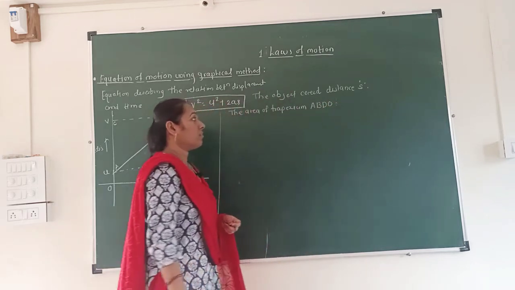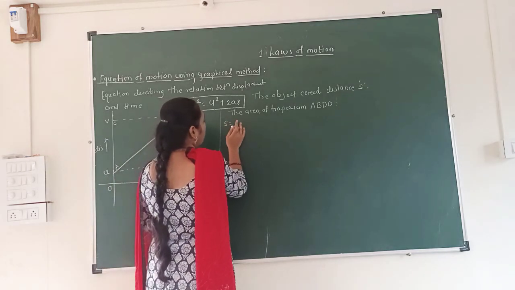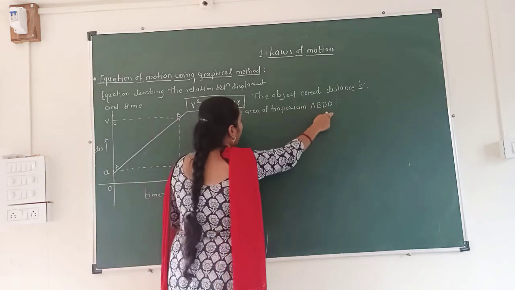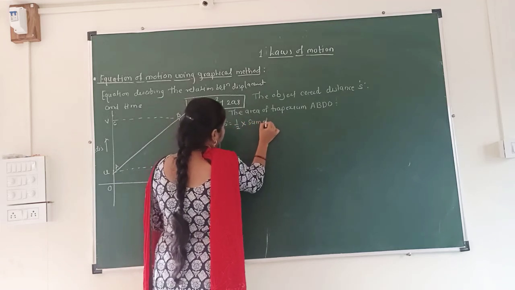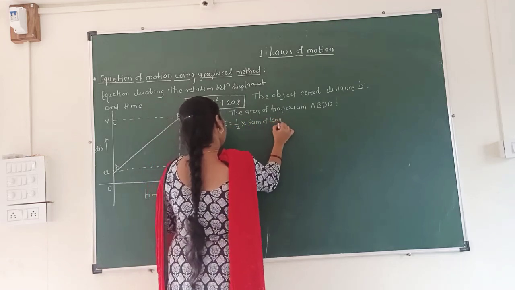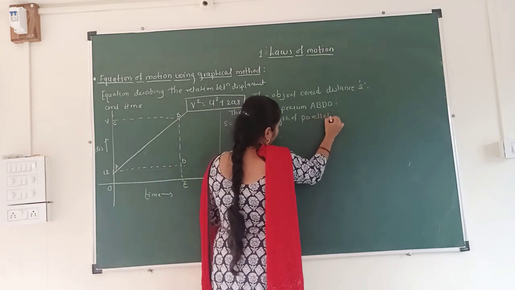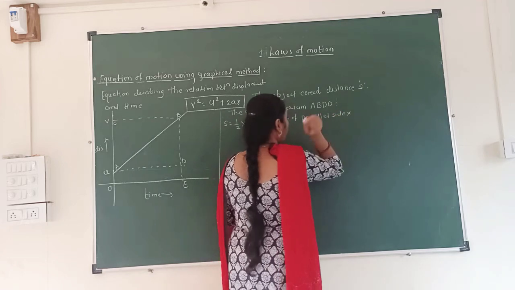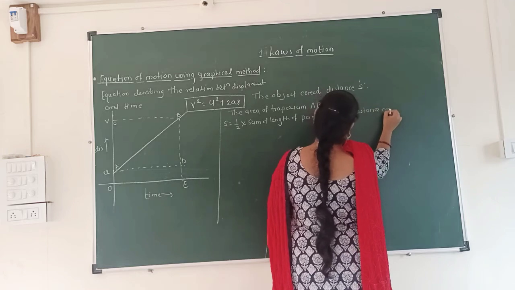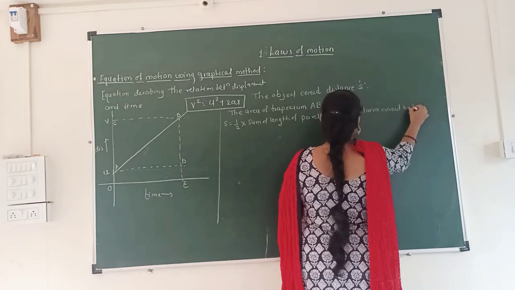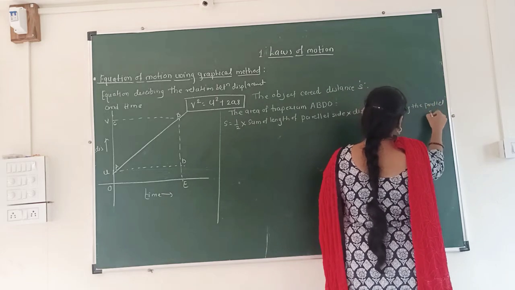Then the area of trapezium ABDO is, S is equal to 1/2 into the sum of lengths of parallel sides into the distance covered by the parallel sides.